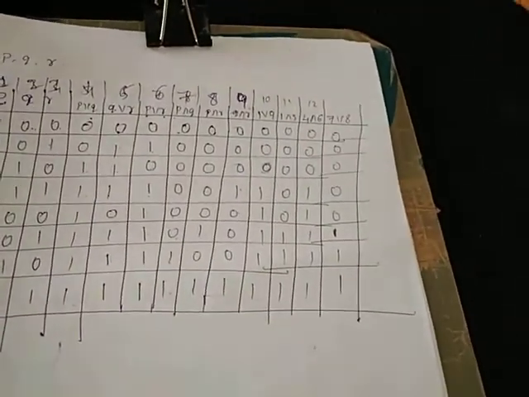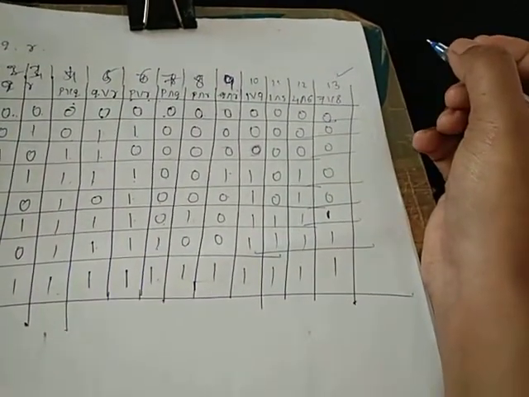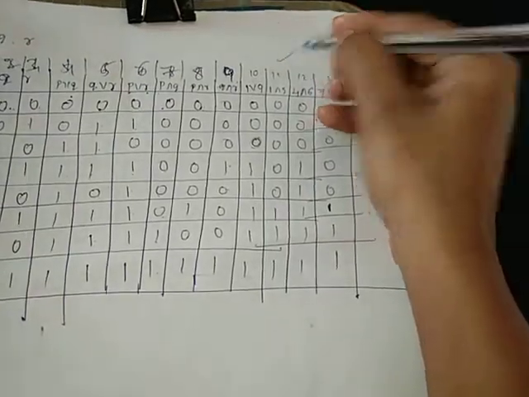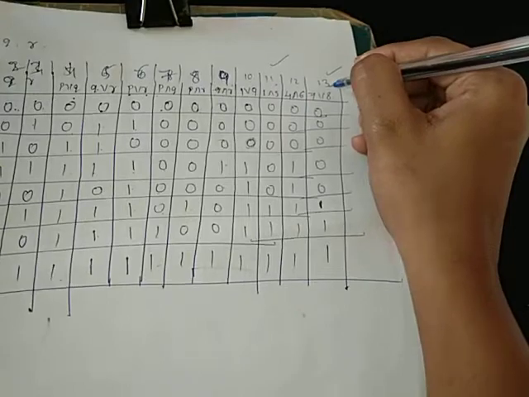After constructing the table, see the entries of 13 and see the entries of 11. 11 and 13 are identical.